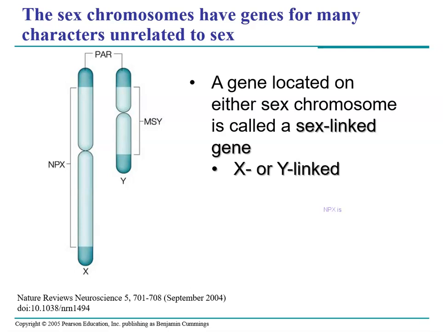So the NPX is unique to the X chromosome, and the MSY is unique to the Y chromosome, meaning that a male wouldn't have the genetic information that a female has in NPX, and a female wouldn't have the genetic information that's coded by the MSY region on a Y chromosome. I hope I've said that enough times that it makes sense.